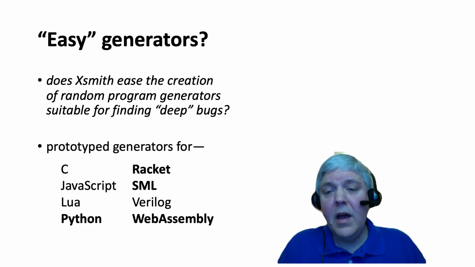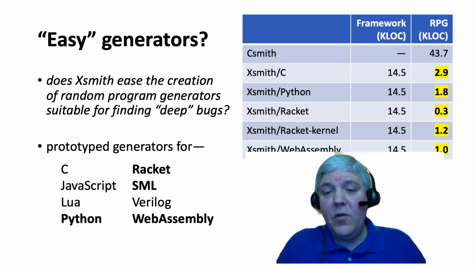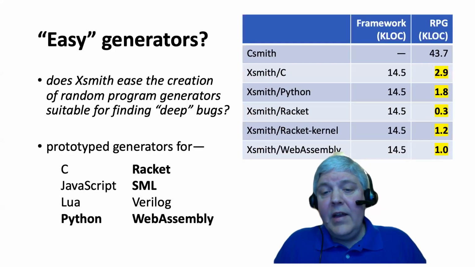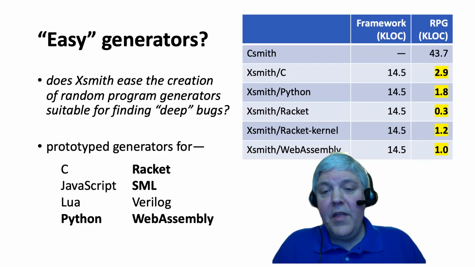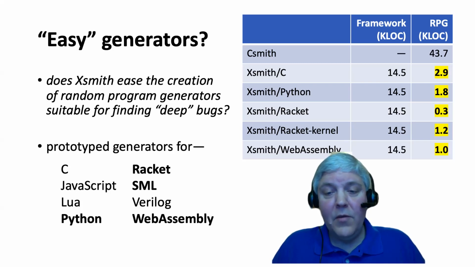Okay. Another way to measure easy, of course, is by lines of code. And so a while ago, I was involved in the creation of a random program generator called Csmith. It generated C programs, and the implementation of Csmith is 43,000 lines of C++ code. So it's a little bit hard to compare that to the Racket implementations of Xsmith and the various random program generators that we've made with it.